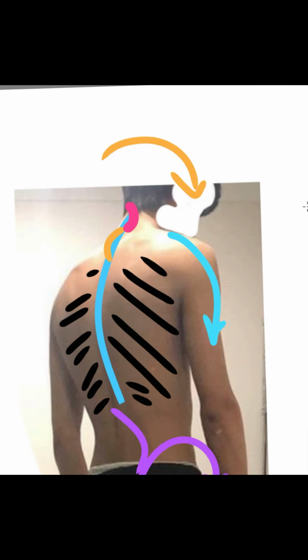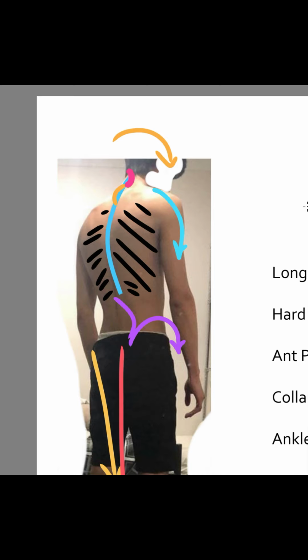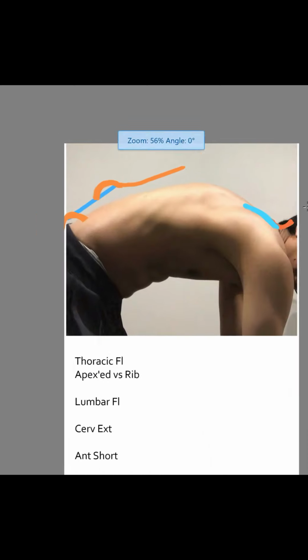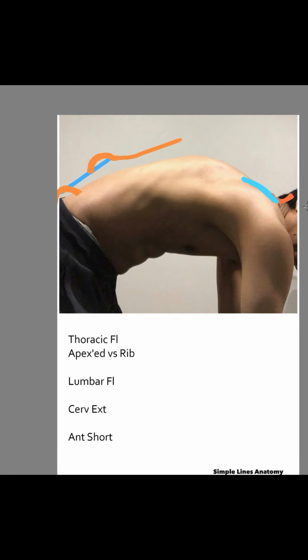Well, it means that chances are, if he wanted to keep his head up straight, the upper few would have to go into a big extension right about there just to make this whole thing work. Otherwise, he would be looking at the ground all the time. That makes no sense, and that doesn't seem to be happening. Anyways, back to where we were. So the cervical spine, though flexed at the bottom, is probably very extended at the top.